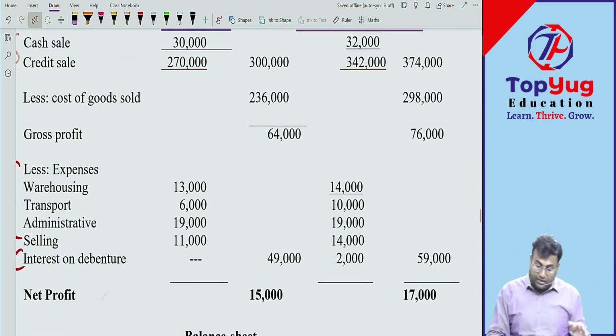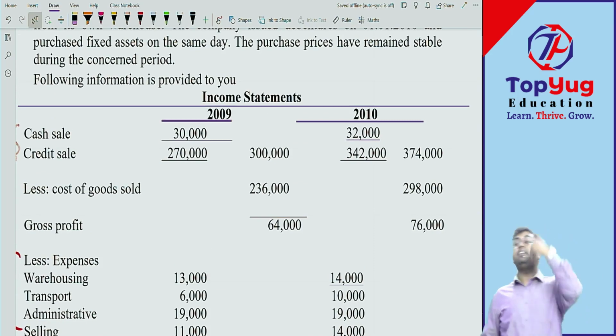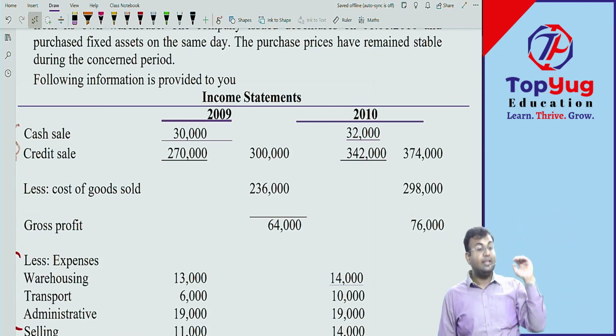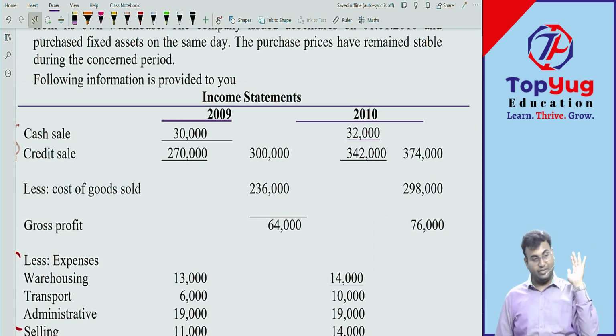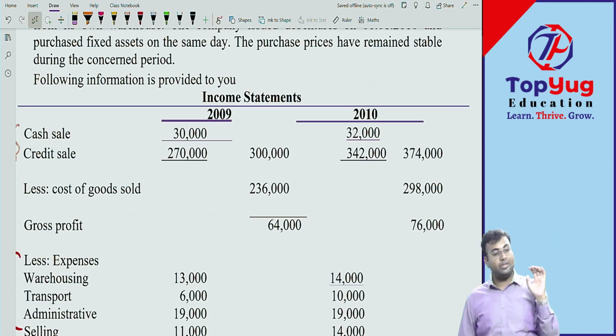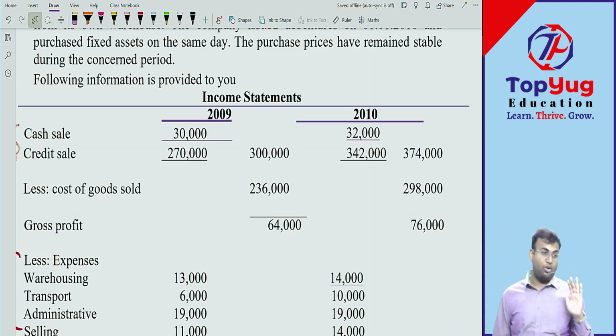But this profit and loss account, this income statement, is not made in that format. It is made in the format of accounting. So operating expenses are both above and below gross profit.